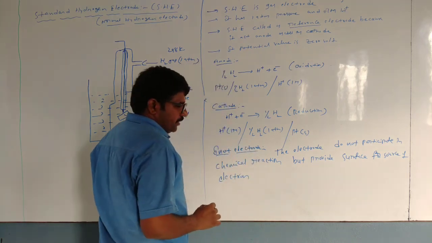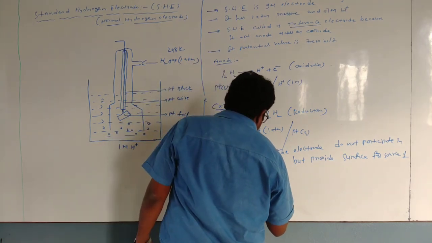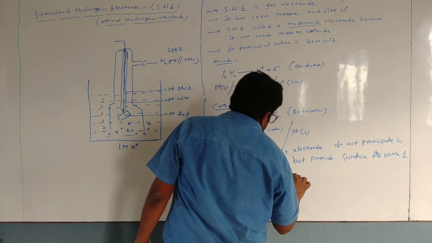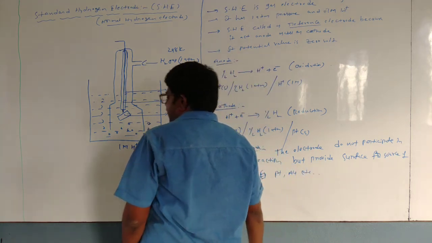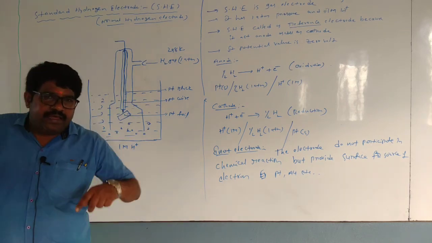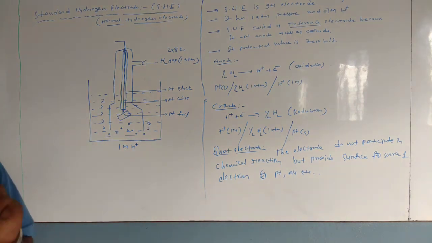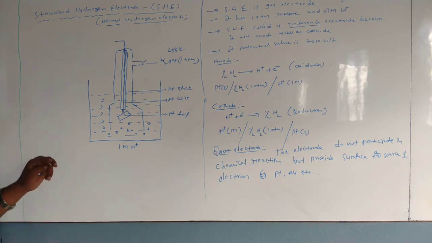This is called inert electrodes. Examples are platinum, gold, etc. These act as inert electrodes. So this is about the standard hydrogen electrode or normal hydrogen electrode.